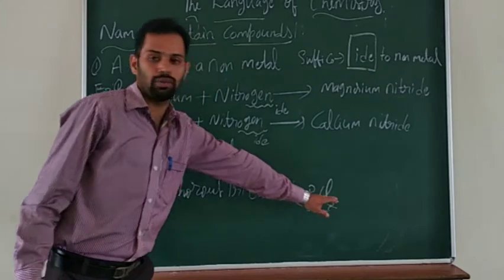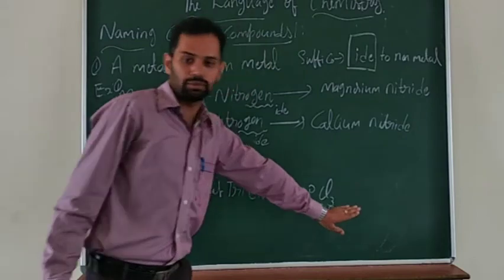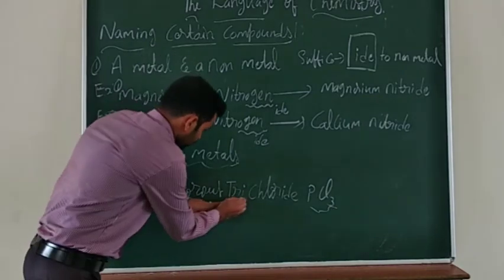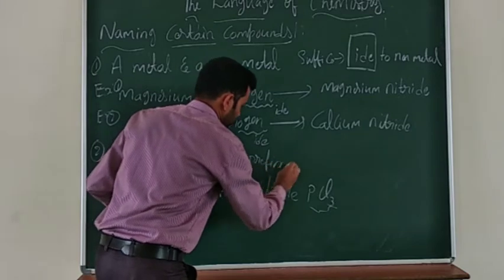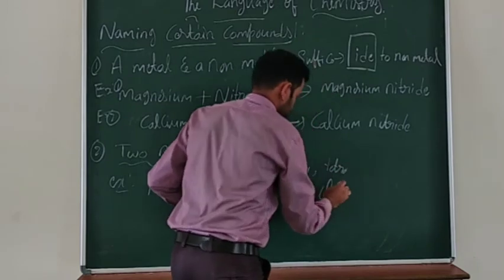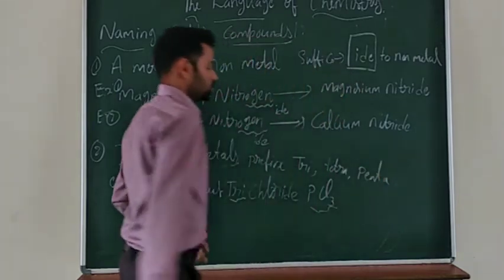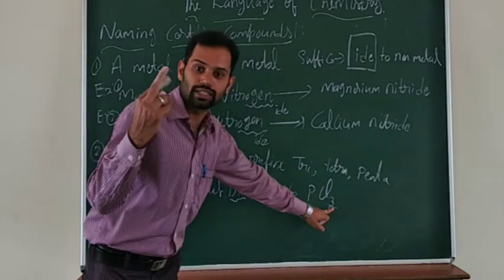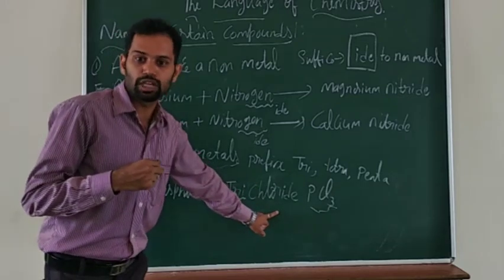The chemical formula is PCl3. Phosphorus trichloride, PCl3. How to name this compound? You should add a prefix: tri, tetra, penta, and so on. In PCl3, 3 chlorides are there. That's why you should add tri: phosphorus trichloride.